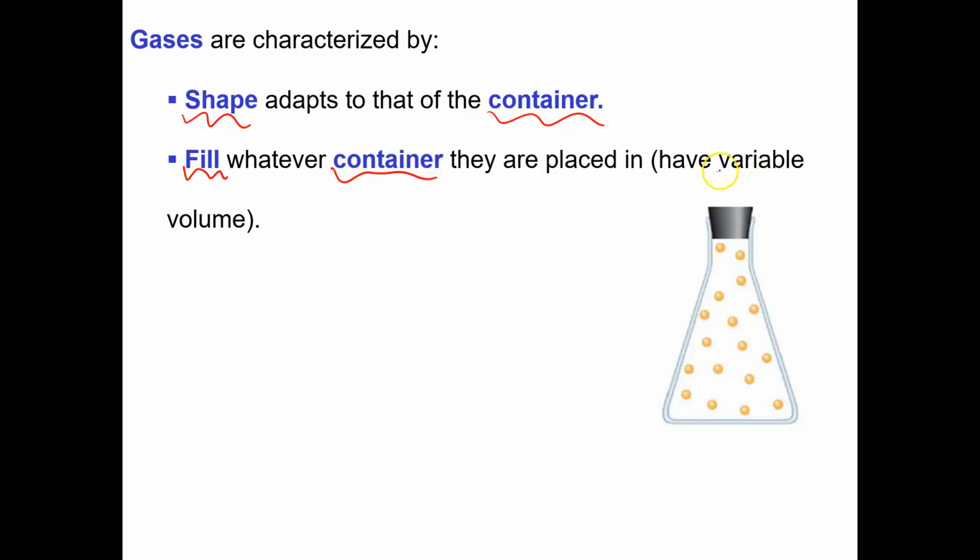That is, gases have what we call variable volume. If you put your sample of gas into a bigger container, it will spread out to fill that container. And gases are the only state of matter that has a variable volume, which is why we do a whole chapter on gases in chapter 9, right at the end of the quarter.